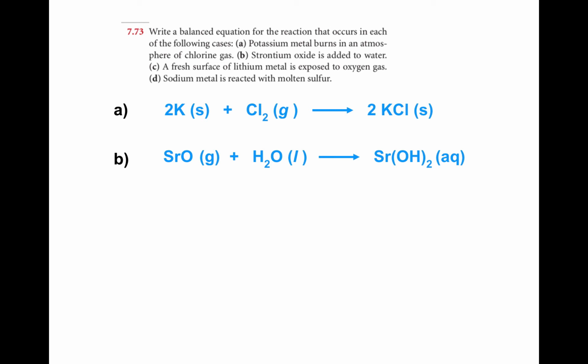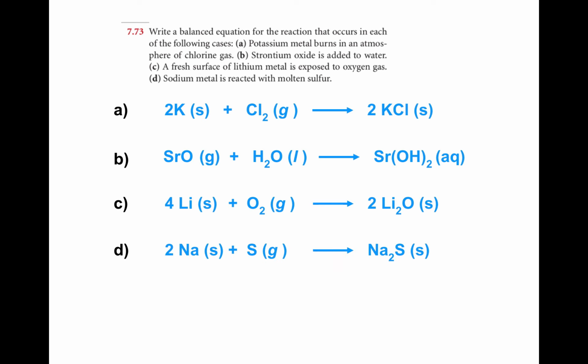Fresh lithium metal is exposed to oxygen. Again, this would be a redox reaction, lithium losing electrons to oxygen to make oxide. Sodium metal reacting with molten sulfur. Again, a redox reaction. I mean, this is what metals do, right? They lose electrons to whatever. If they're going to react, they're going to lose electrons. So make sodium sulfide.